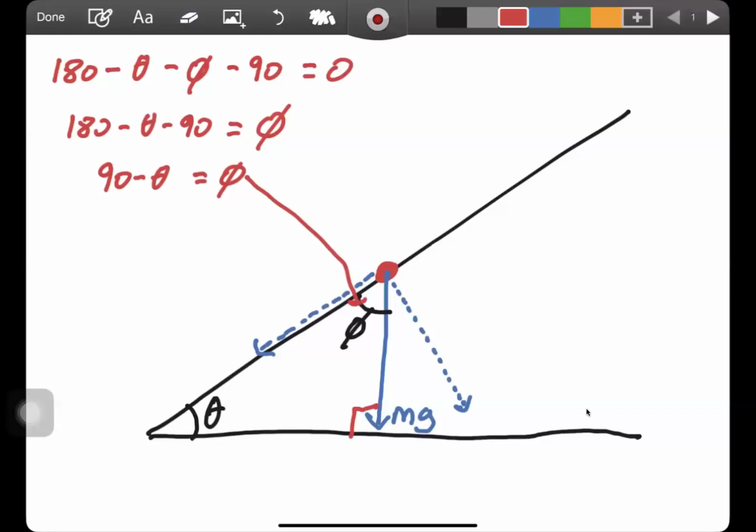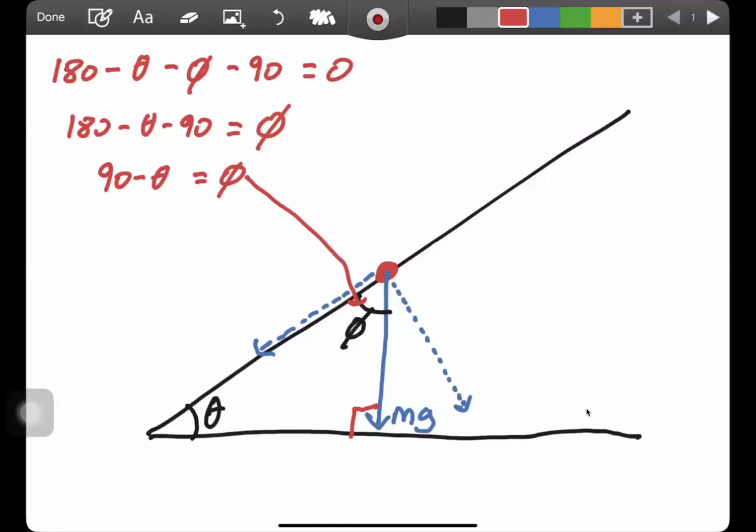Okay, now remember mg is pointing straight down, so we can take that mg and we can use trigonometry. And again, refer to the video on vector decomposition to see how you can take a vector and decompose it into its components.